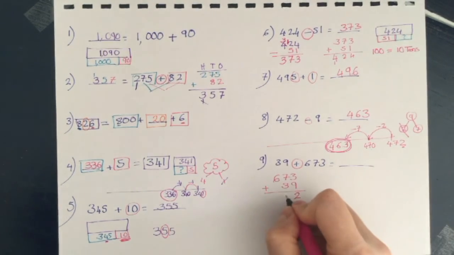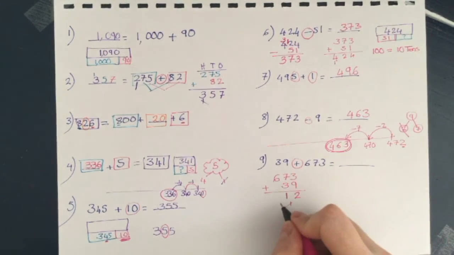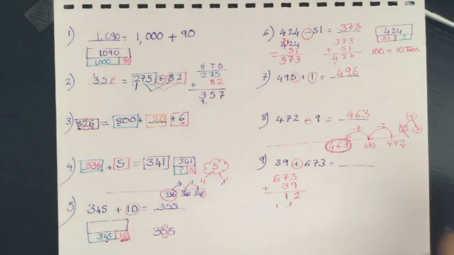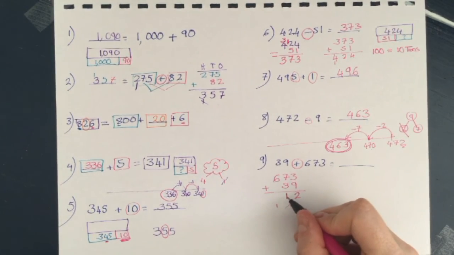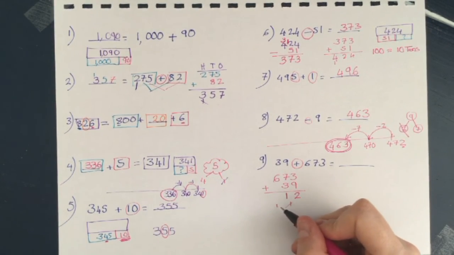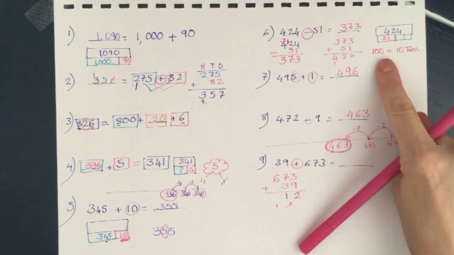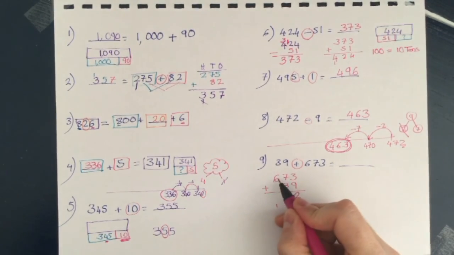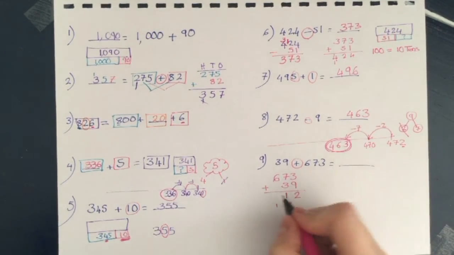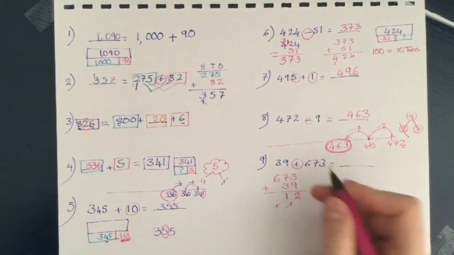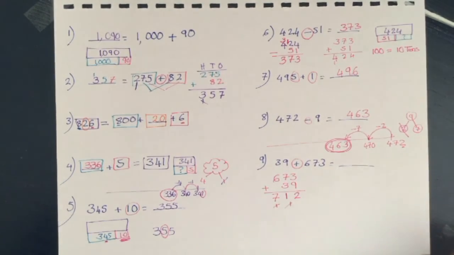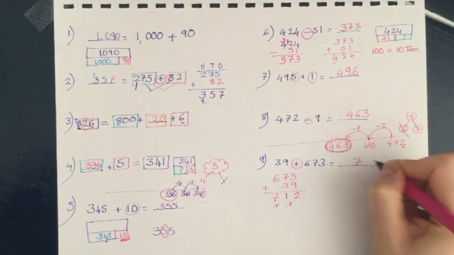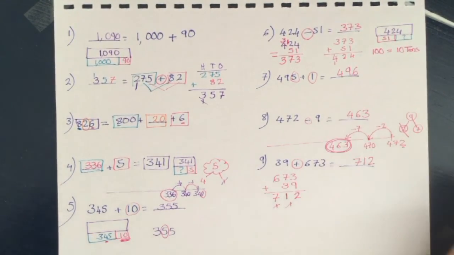And 11 tens, I need to unitize. It's made of 1 ten and 10 tens, which is the same as 100. 600, add nothing. 6 and add this one, 7. So my answer is 712.